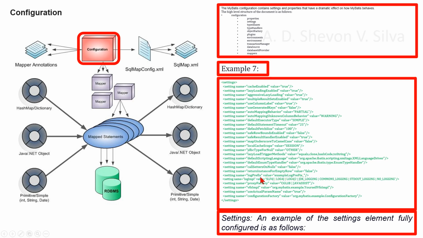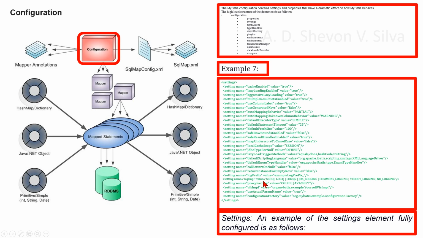Log prefix specifies the prefix string that MyBatis will add to the logger names. Valid values are any string, and default is not set. Log impl specifies which logging implementation MyBatis should use. If this setting is not present, the logging implementation will be auto discovered.